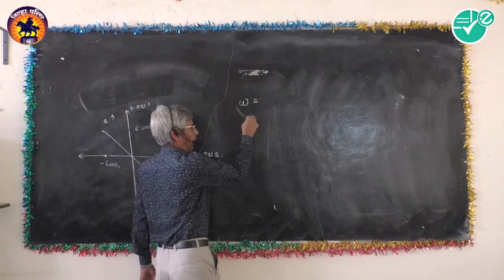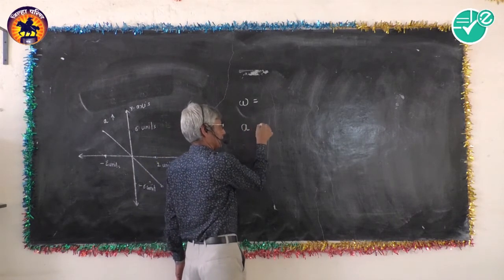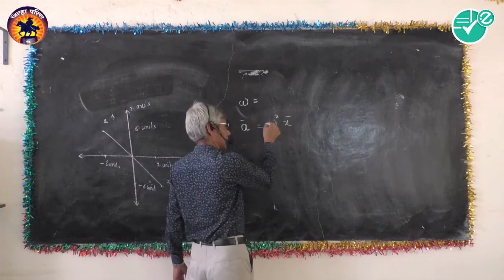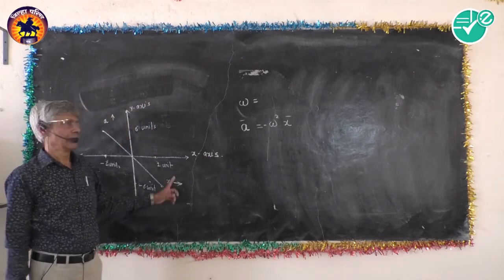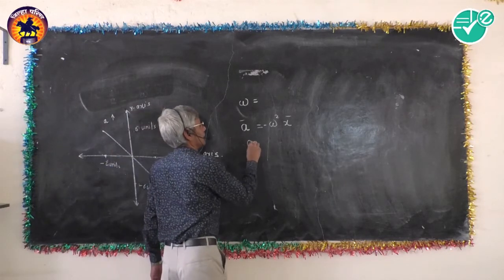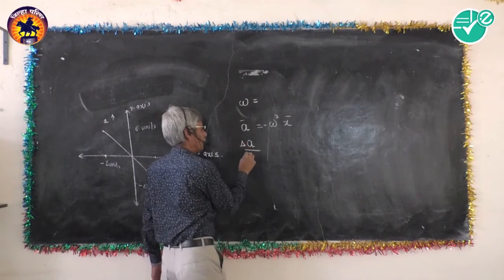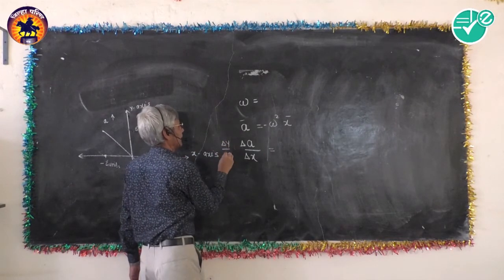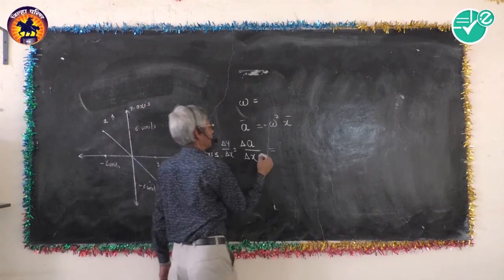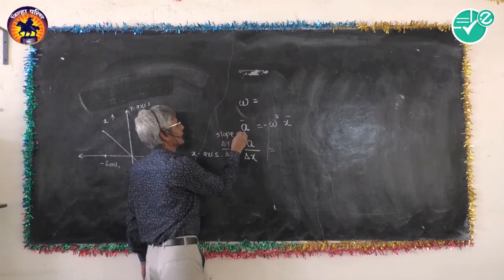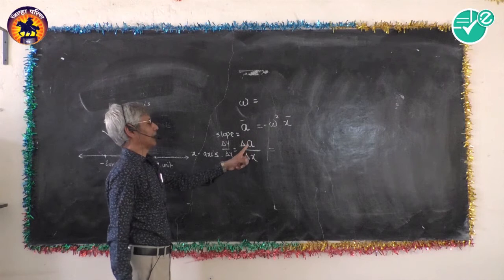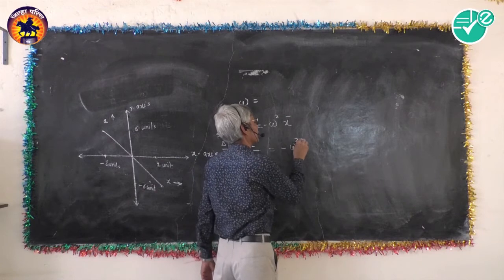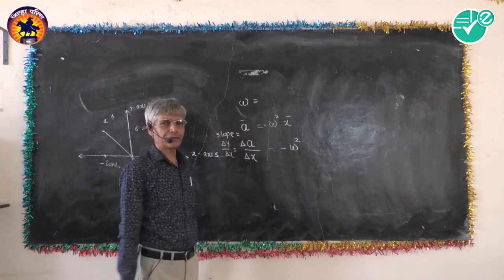By concept, acceleration in magnitude is equal to omega square x. In direction, it is minus omega square x. If we take the slope delta a by delta x, that is dy by dx, which is the slope of the graph, then from the equation it is minus omega square.